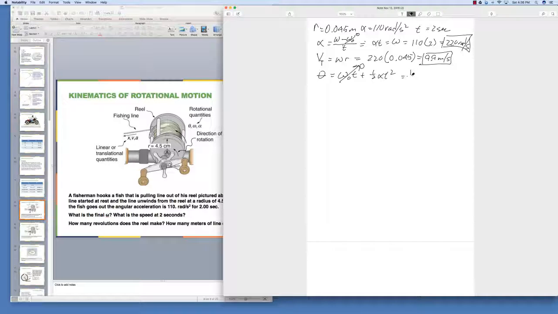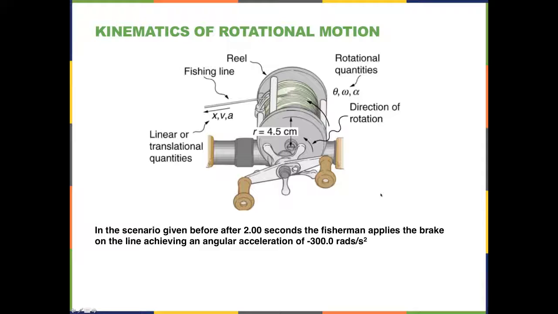So this is going to be 1/2 times 110 times 2 squared, and if you do the math here, you get 220 radians of line. You remember that x is equal to theta r. That's going to be 220 times 0.045, or 9.9 meters of line.